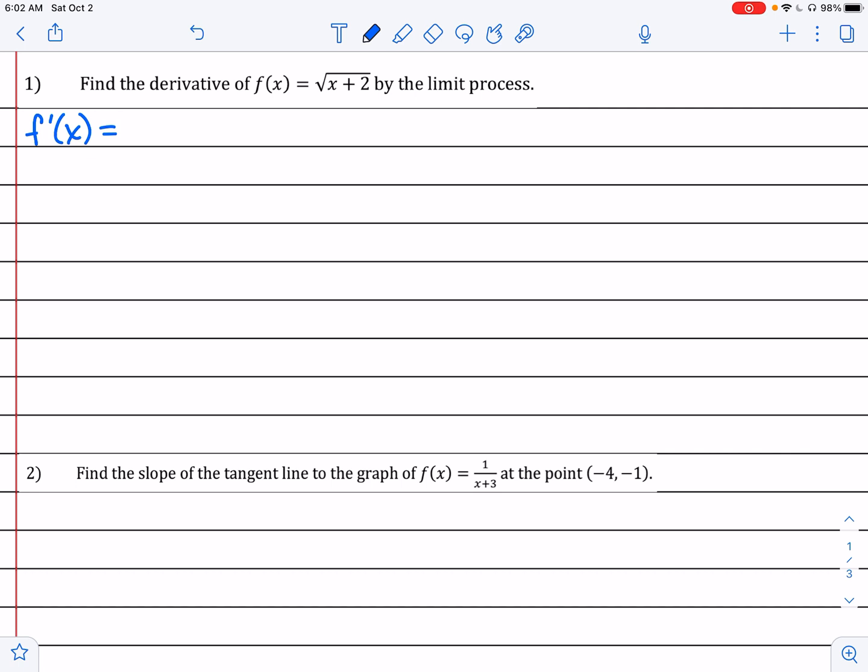And then you're going to say equals the limit as h approaches 0 of the square root of x plus h plus 2, because you're evaluating for f of x plus h, minus f of x, all over, and if you remember the original definition was x plus h minus x.